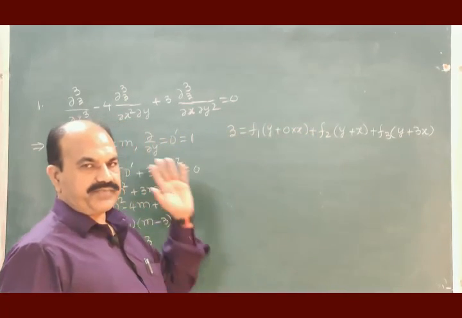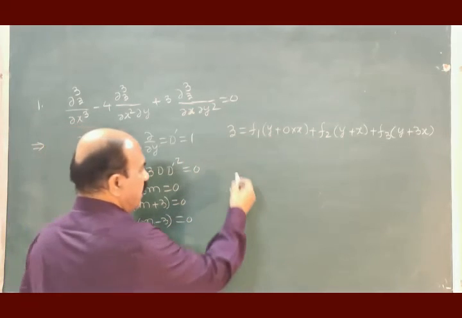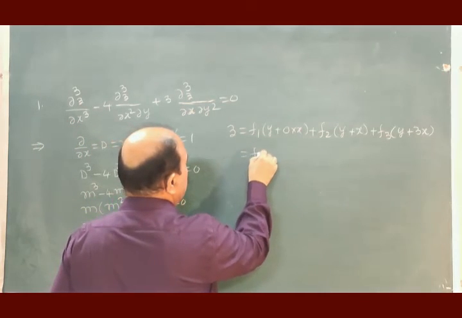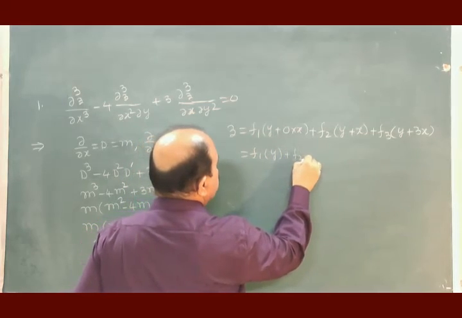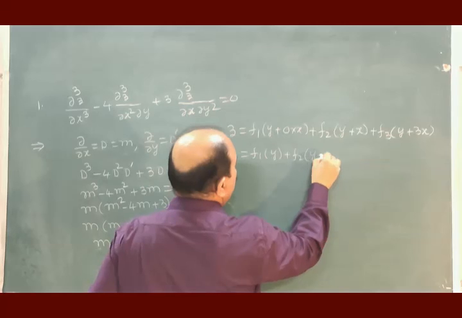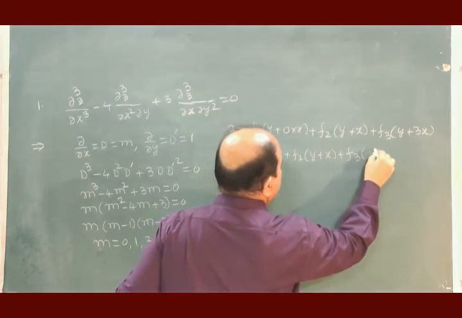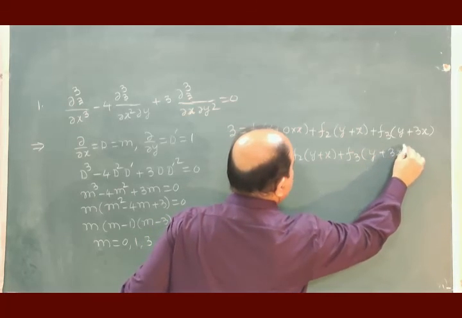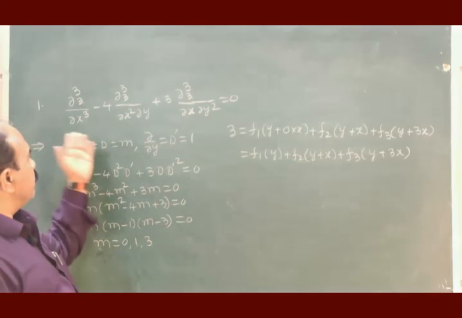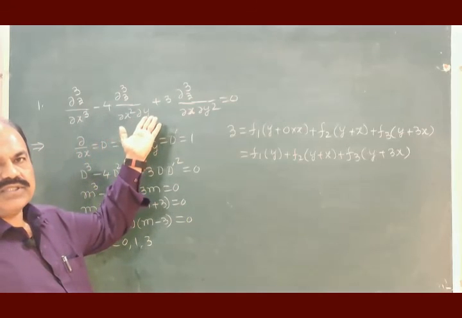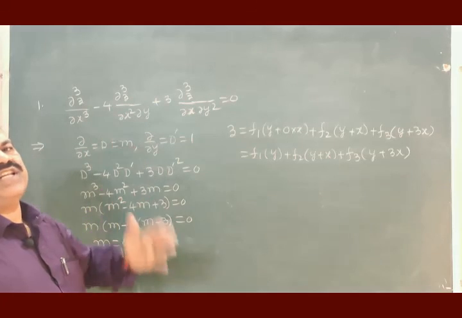So the complementary function is f1 of y plus f2 of y plus x plus f3 of y plus 3x. This is the complementary function for this linear homogeneous partial differential equation.